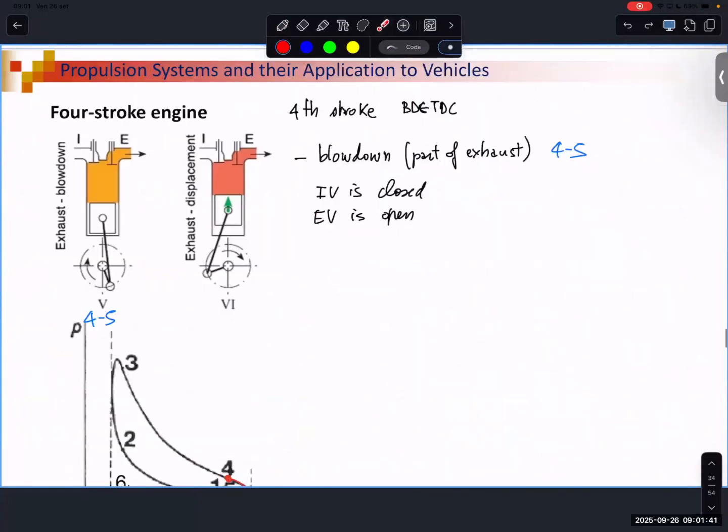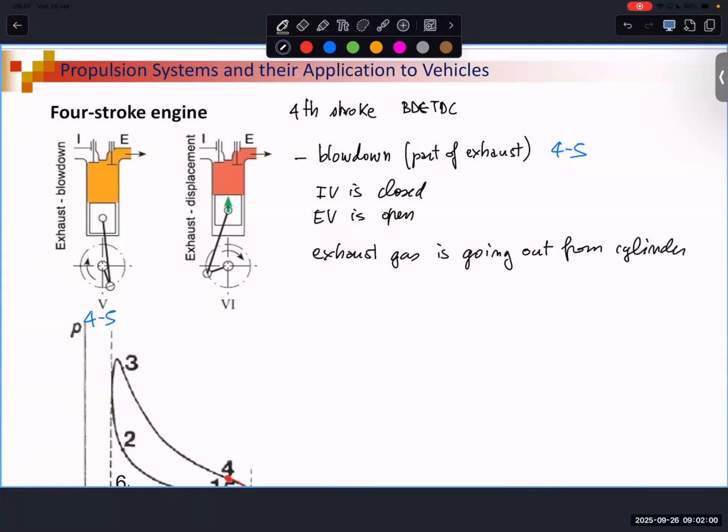Due to the differential pressure, exhaust gases are going out from the cylinder. Differential pressure between what you have in the combustion chamber and what you have outside. So pressure in the cylinder during the exhaust is higher with respect to the ambient pressure.